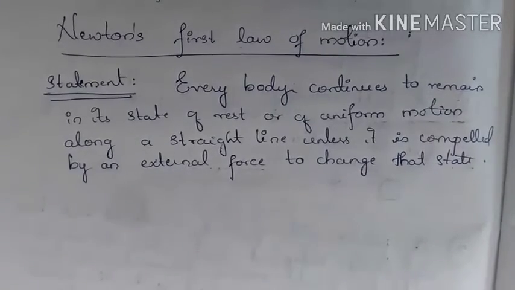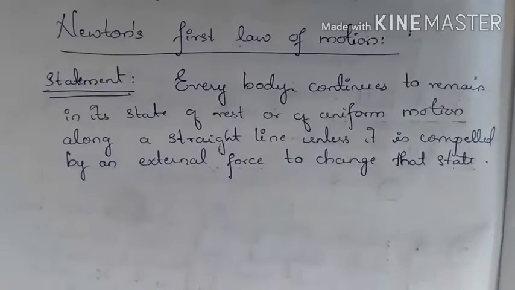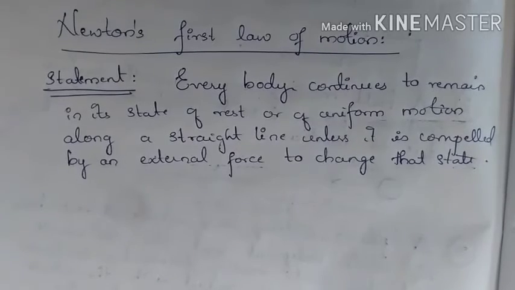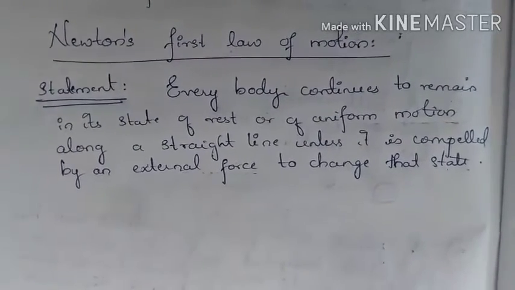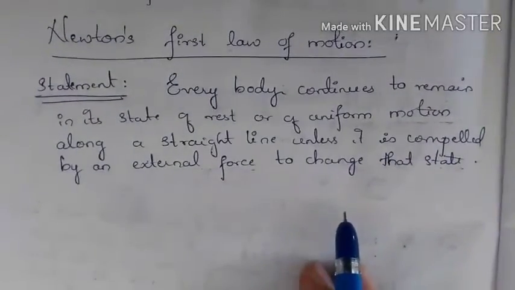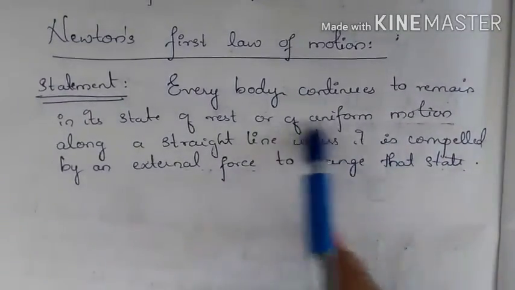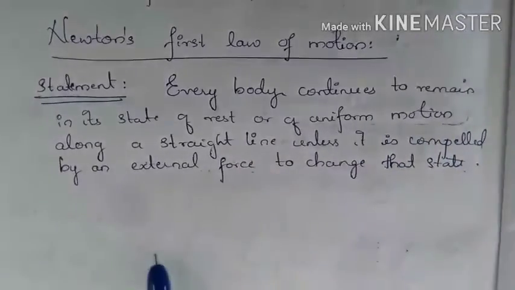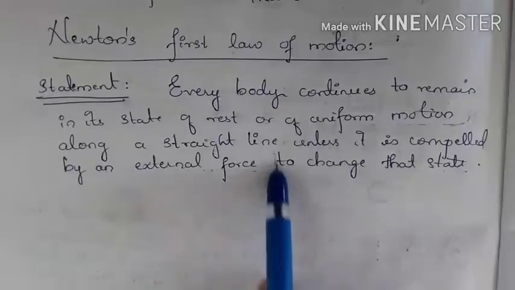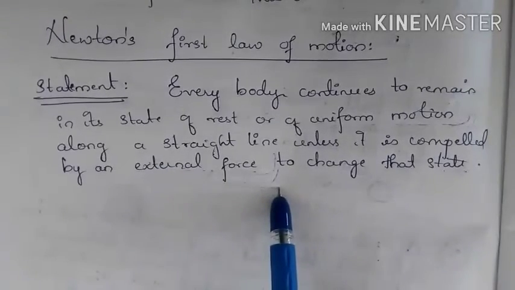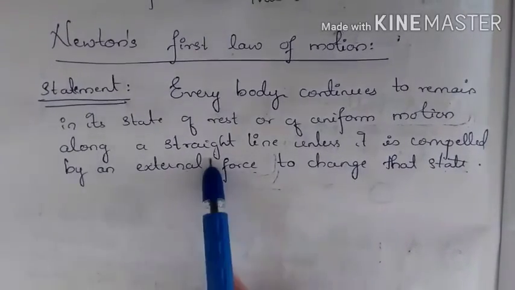According to this law, what we have understood is that if the net external force is 0, a body at rest continues to be at rest and a body in motion continues to be in uniform motion. In other words, if external force is 0, its acceleration will be 0.